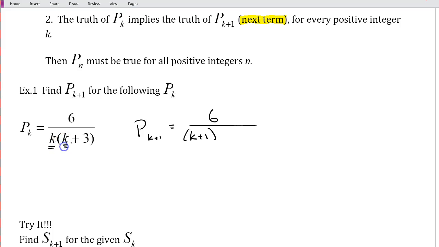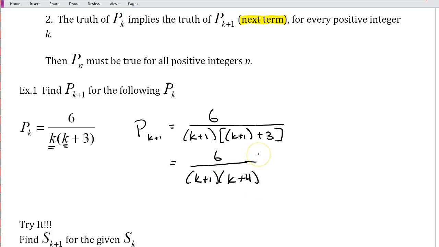And then I have a variable here, so I'm going to put in k plus 1 for that. So k plus 1 plus 3. And we'll do a little bit of simplifying. So I have 6 over k plus 1 times k plus 4. Sometimes we'll FOIL it out, sometimes we won't. So this is P sub k plus 1.